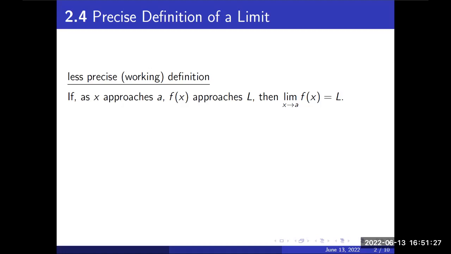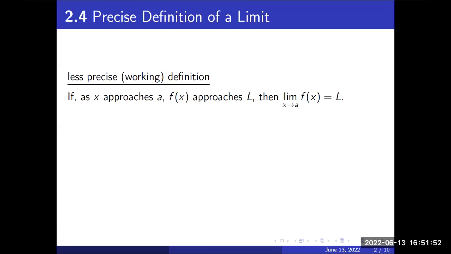The precise definition of a limit. The less precise working definition is as follows. If, as x approaches a, f of x approaches L, then we can say that the limit of f of x as x approaches a equals L. That L is the answer to our limit question.